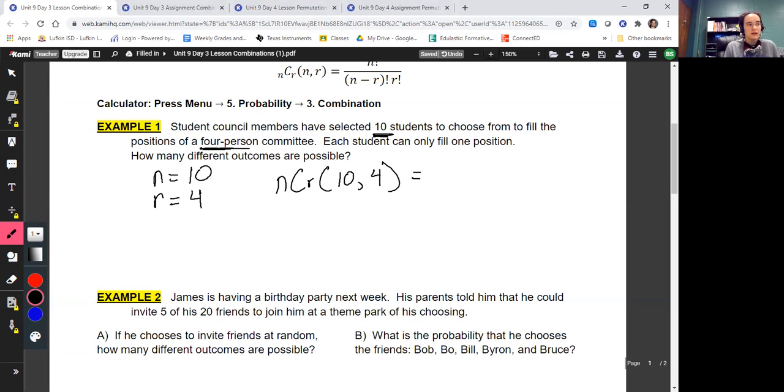It's NCR 10, 4. So go to your calculator, menu, probability, combination, 10, comma, which is down by pi, 4, those are parentheses, you get 210 possible outcomes.